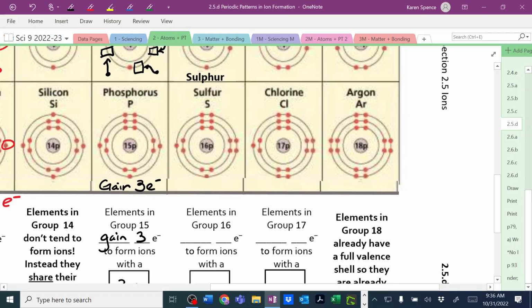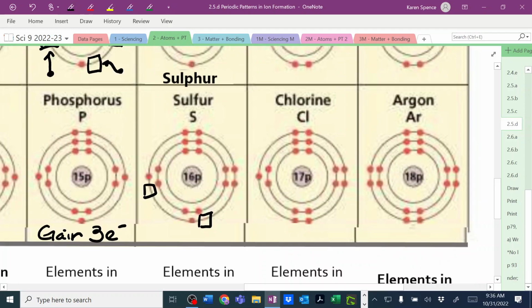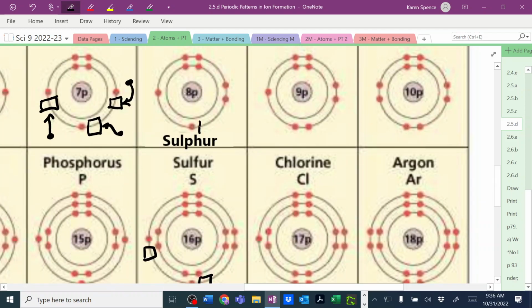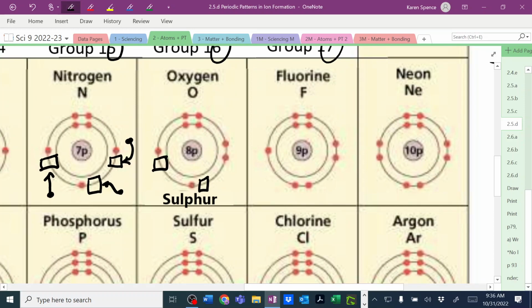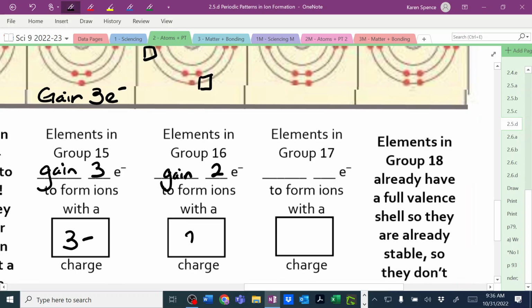How many empty spots are there in group 16? 2 empty spots, yeah? In all of them, there's 2 empty spots. You can spell sulfur with a PH or with an F, either way is okay. And so how many electrons would they gain? Gain 2 electrons to form ions with a 2 minus charge.